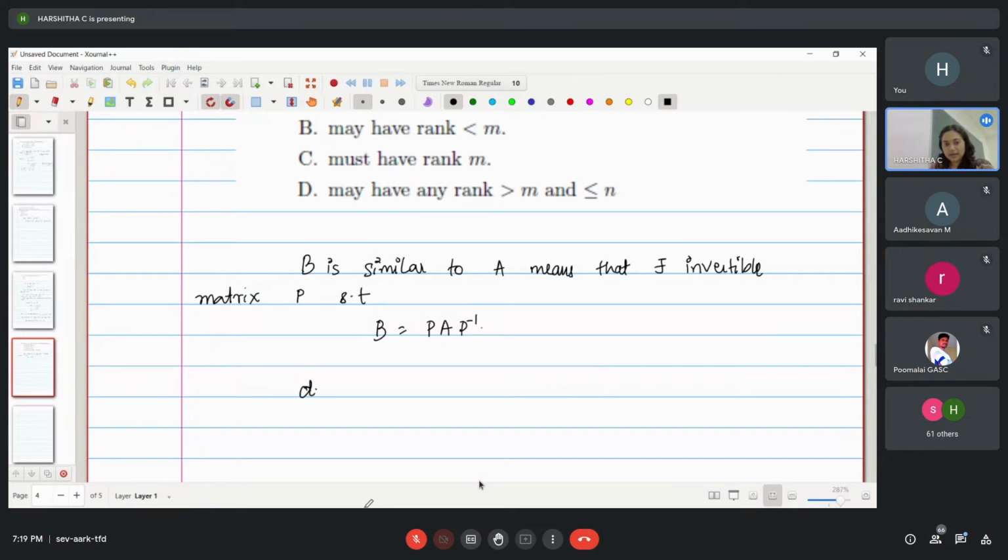It is the determinant of xI minus A. With B, it is the determinant of xI minus B, which we can write as xI minus P A P inverse, and this identity we will also write as P P inverse.